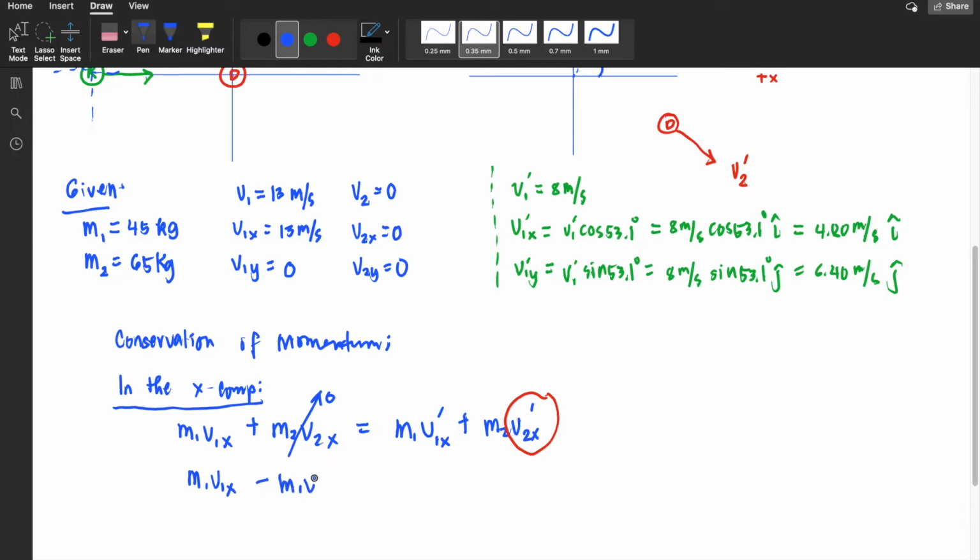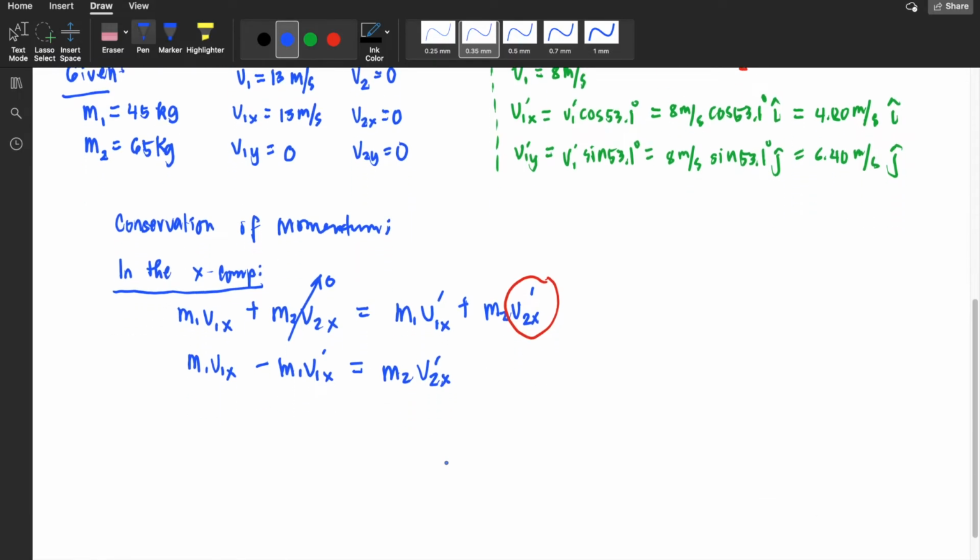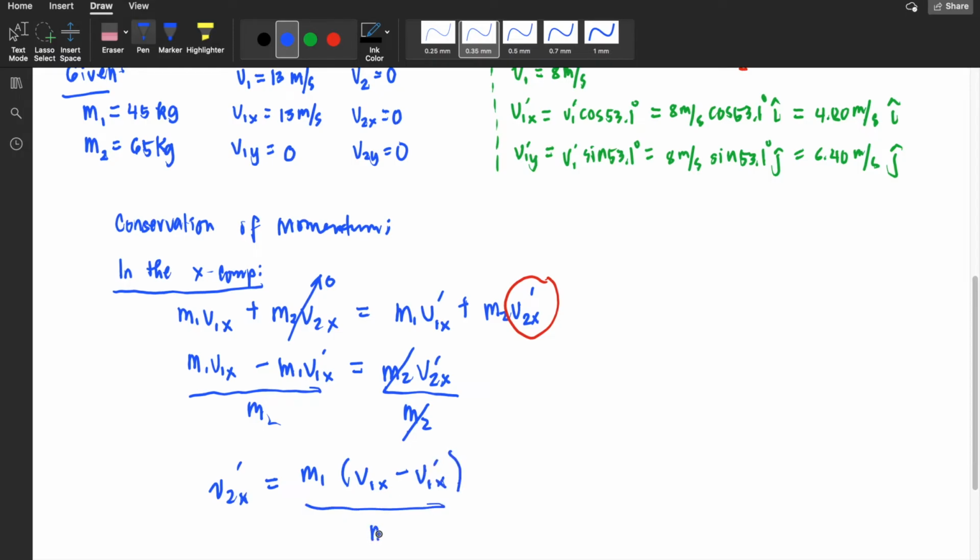So you'll have m1 v1x minus m1 v1x' equal to m2 v2x'. Next, divide both sides by m2, so the m2 cancels out. Your v2x' is simply equal to, we're going to factor out this m1, m1 times v1x minus v1x' over m2.